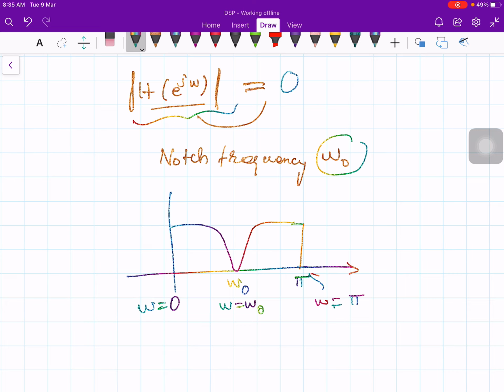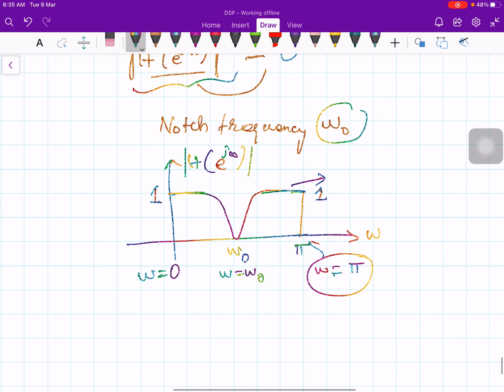This is the frequency axis, and this is the magnitude of the frequency response function. So you get a characteristic like this, where the DC response as well as the response at pi are both equal to 1.